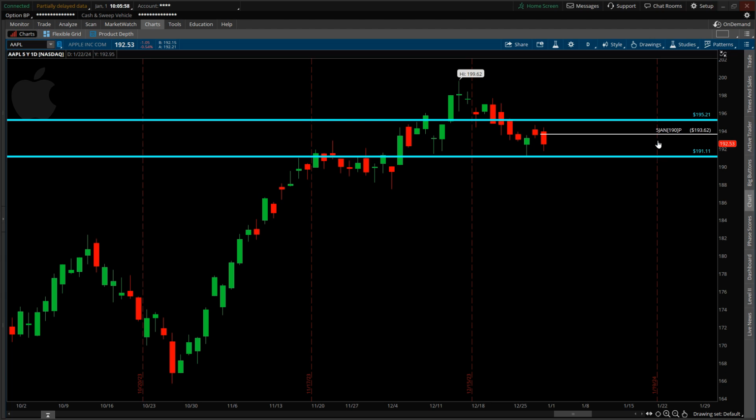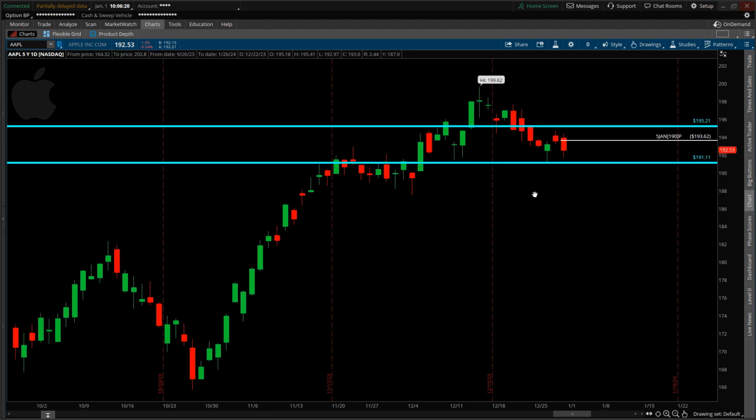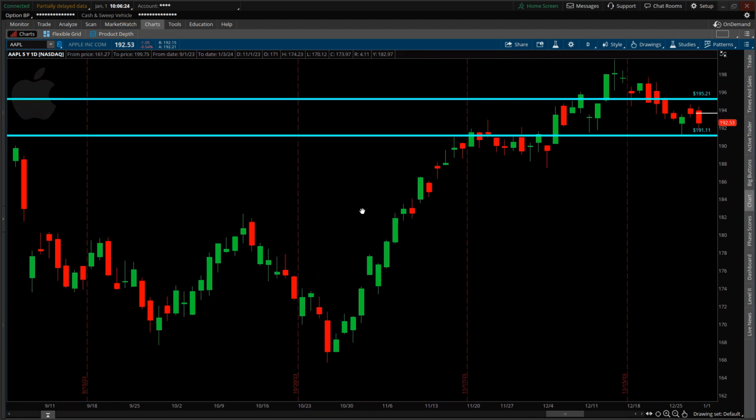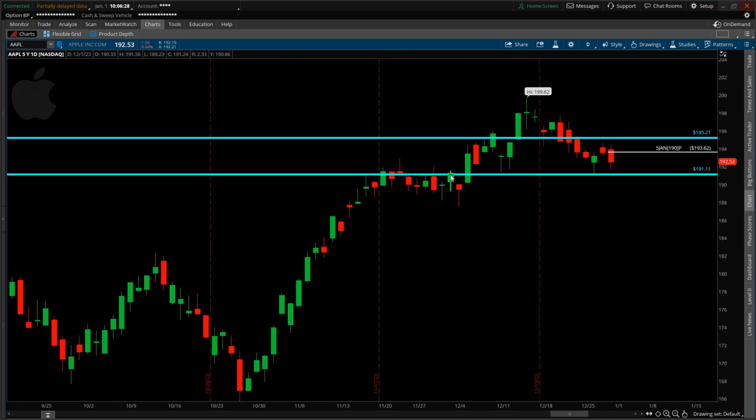Essentially, this contract is saying that on or before the close of this Friday's trading session, January 5th, I'm anticipating that Apple will be at or below $190. And again, when I entered this trade, Apple was quoted at $193.62.